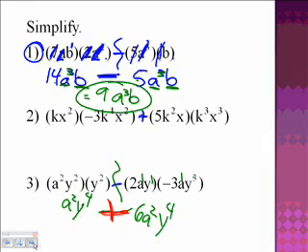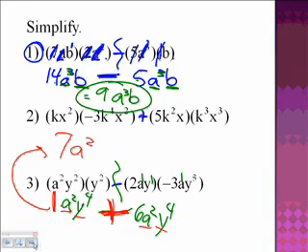Now look at your bases. A squared, A squared. Y to the 4th, Y to the 4th. How about that? They're the same, aren't they? So, what is A squared Y to the 4th, or look at it this way, 1A squared Y to the 4th plus 6. The answer is 7A squared Y to the 4th.